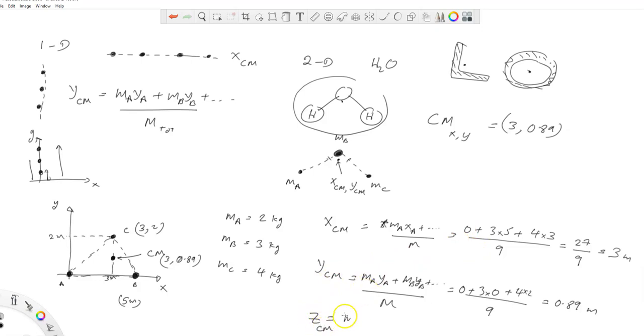You do the same thing, MA ZA plus MB ZB plus, and then divide the whole thing by total mass. All right, so that's center of mass. Thanks.